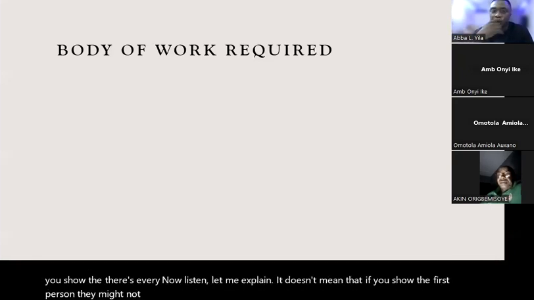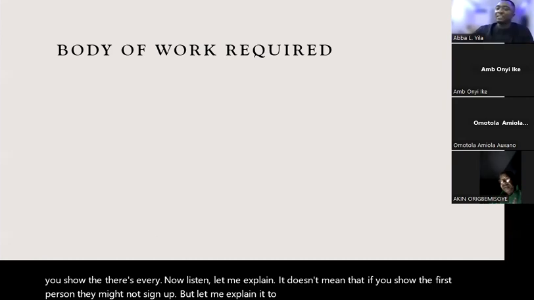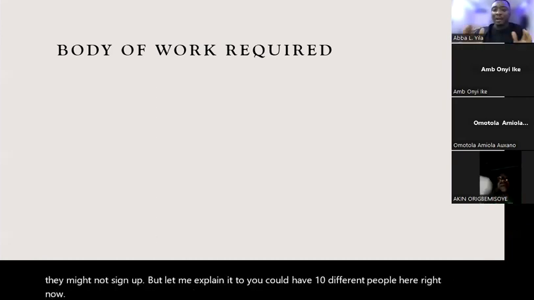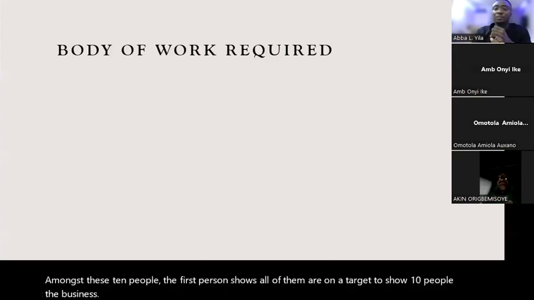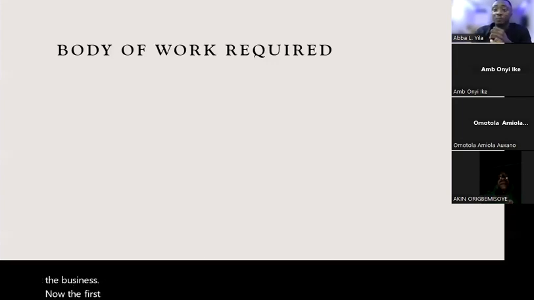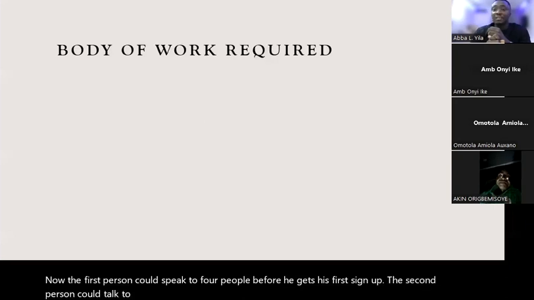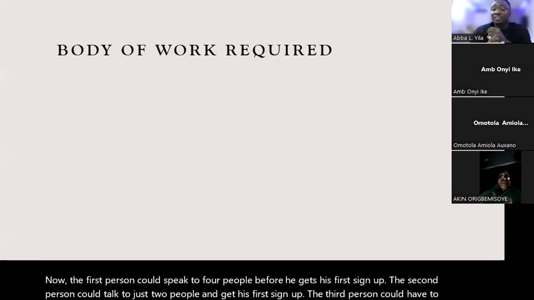But let me explain it to you. You could have 10 different people here right now. Amongst these 10 people, all of them are on a target to show 10 people the business. Now, the first person could speak to 4 people before he gets his first sign-up. The second person could talk to just 2 people and get his first sign-up. The third person could have to talk to 7 people before he gets his sign-up.